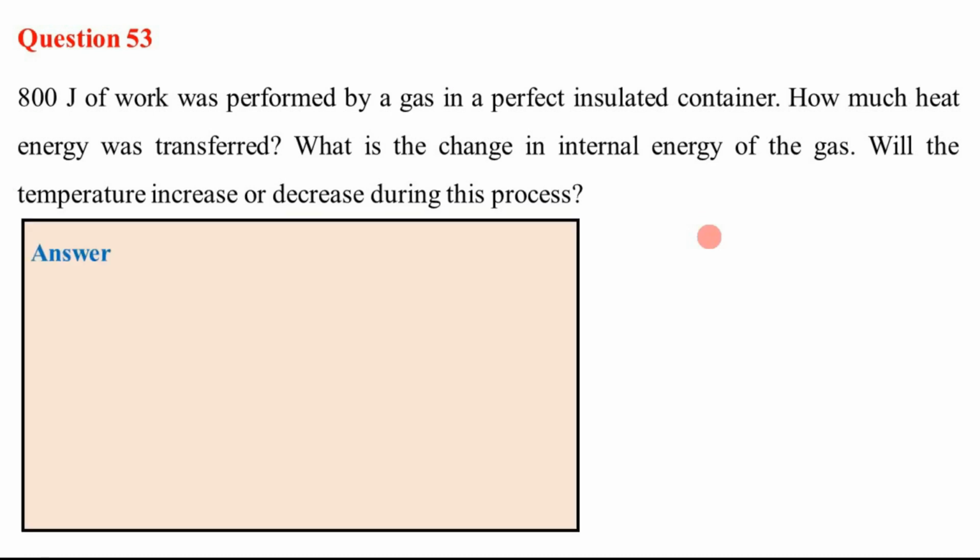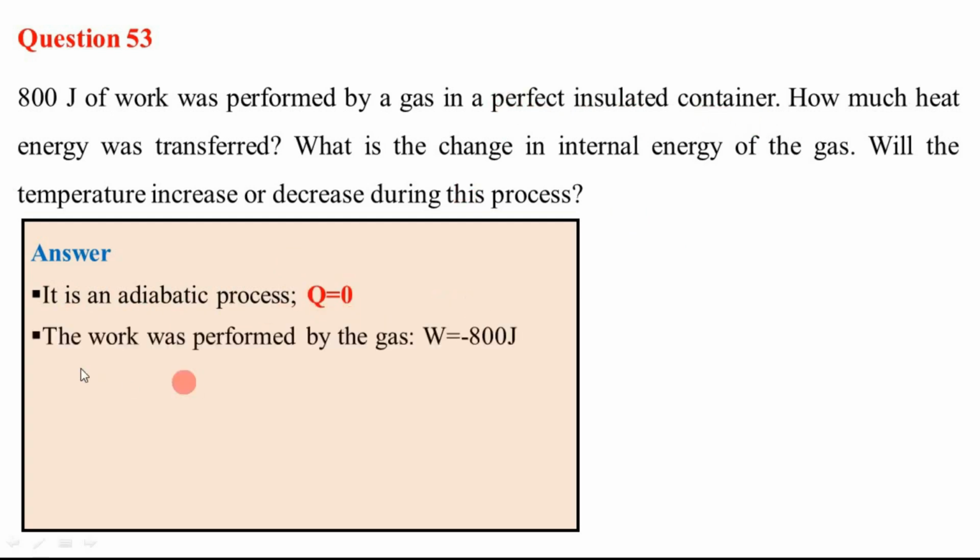Let's see the answer. We have an adiabatic process because they are saying it is a perfectly insulated container. The heat is equal to 0, delta Q is equal to 0. The work was performed by the gas, so the work done is equal to negative 800 joules. And we know that the change in internal energy is equal to the heat plus the work done, and the heat is equal to 0 in the adiabatic process.